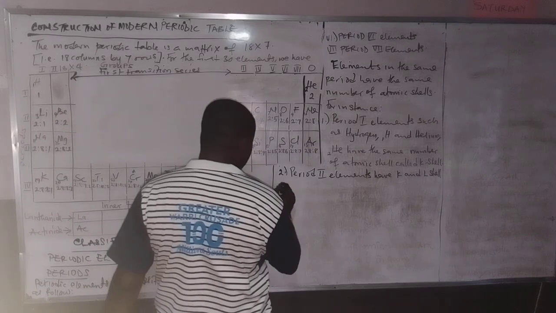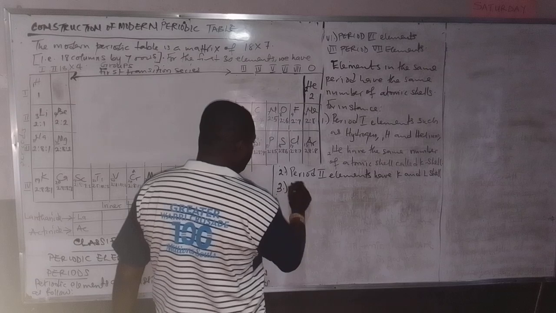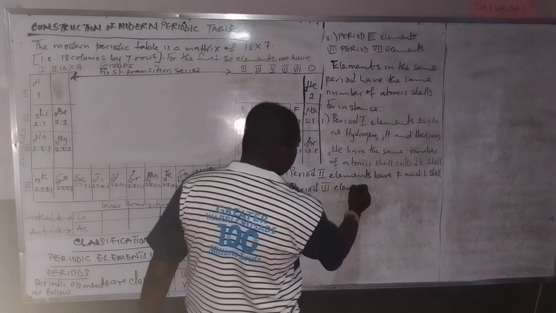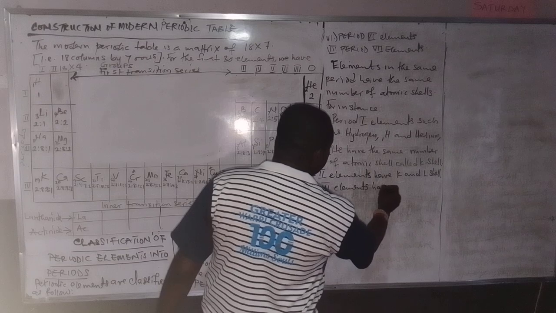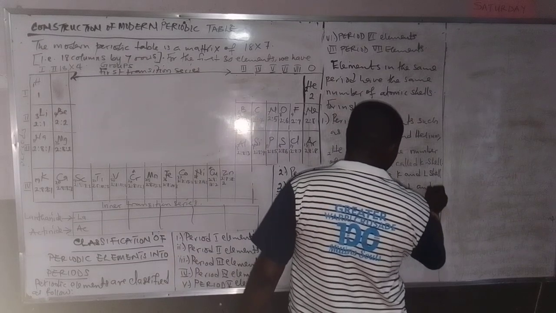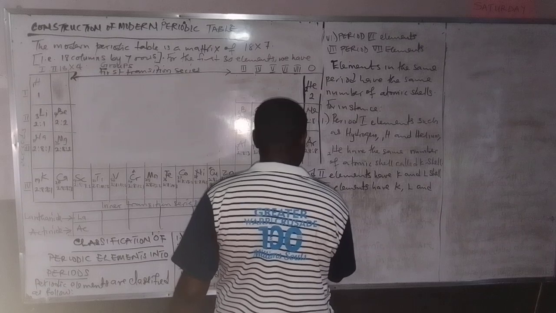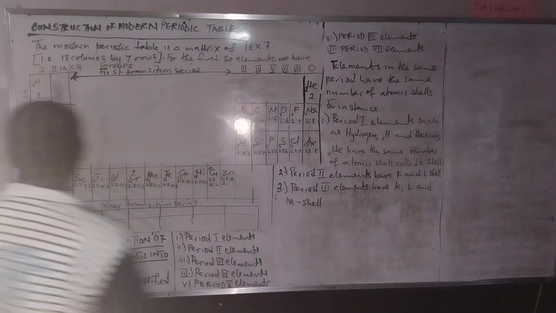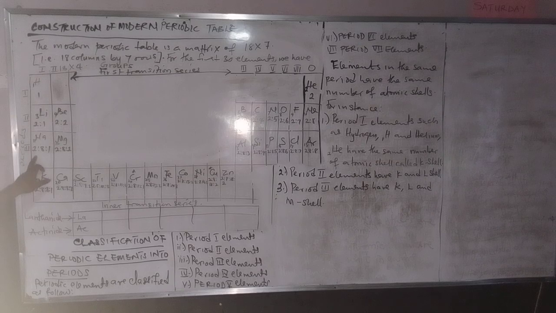Then period 3 elements have K, L, and M shells. So look at what I'm saying. Look at period 3 now. Sodium 2:8:1, K, L, M. Magnesium 2:8:2.